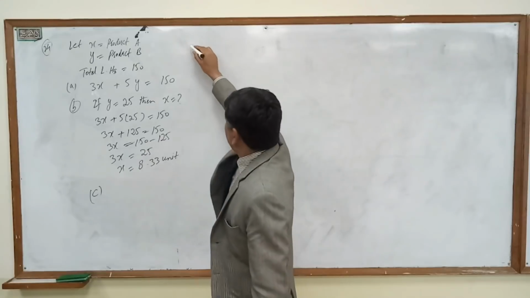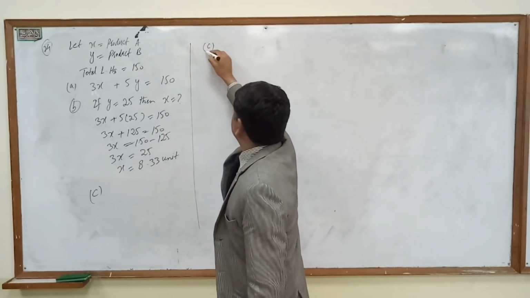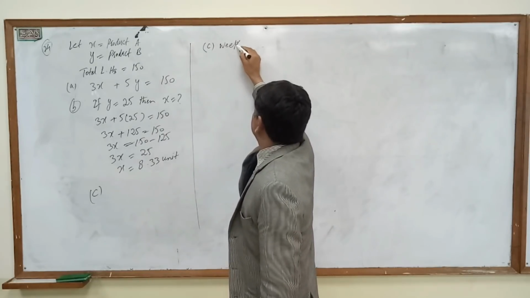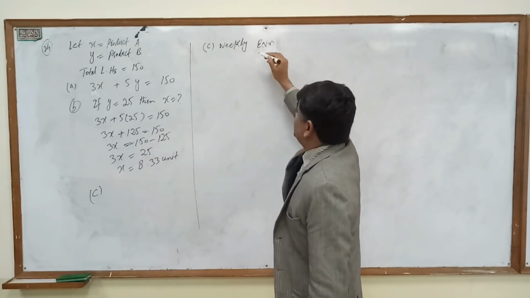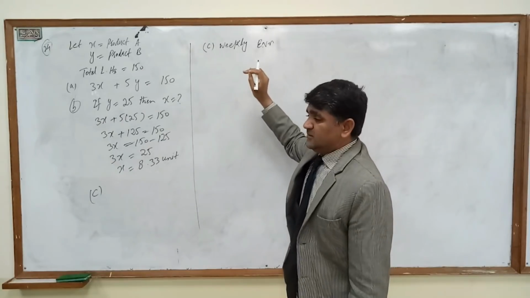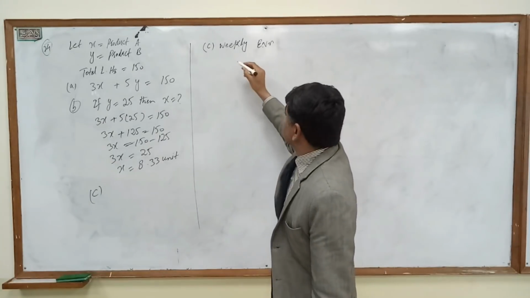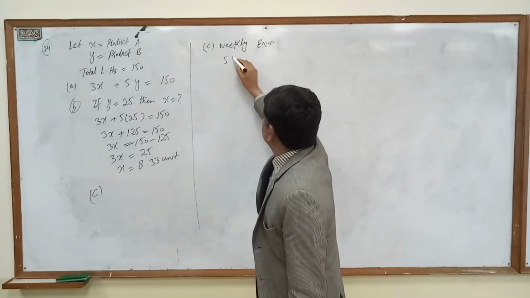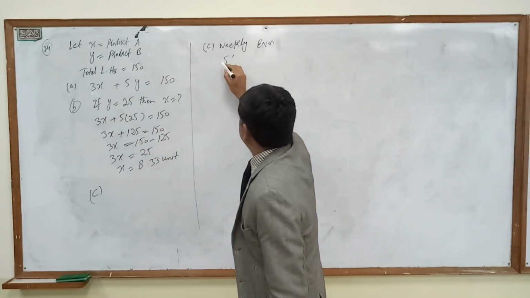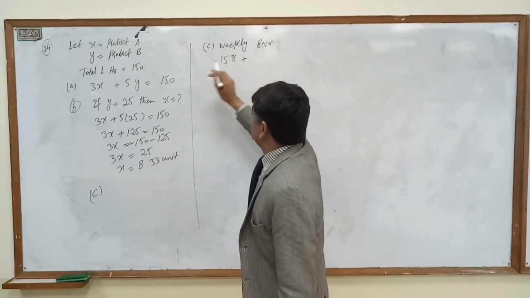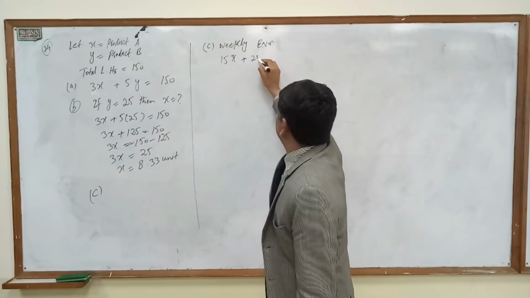So what is the weekly equation? There are 5 working days. So 5 multiplied by 3x is 15x, plus 5 multiplied by 25 is 125.